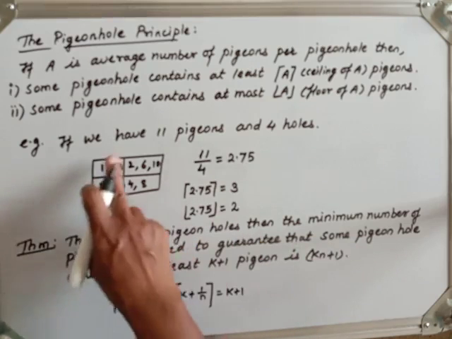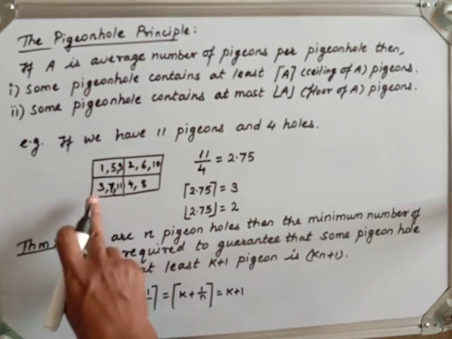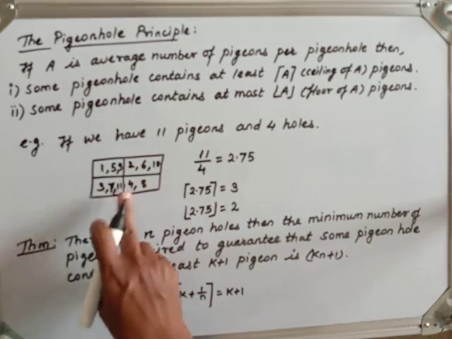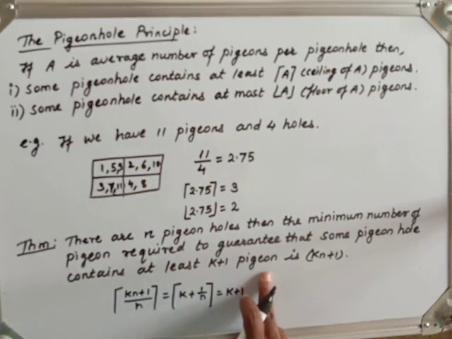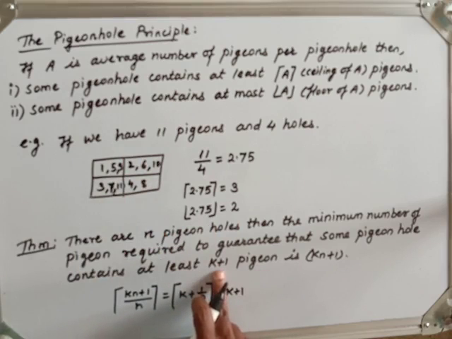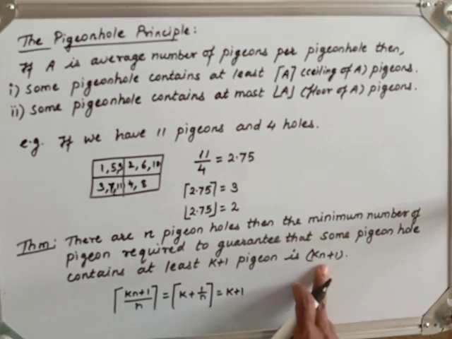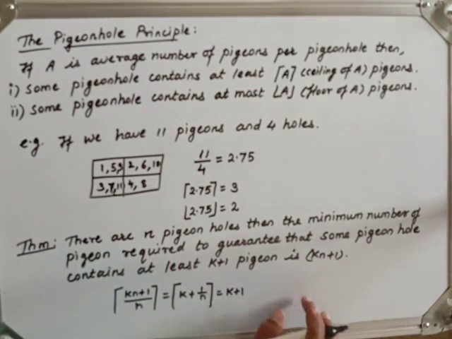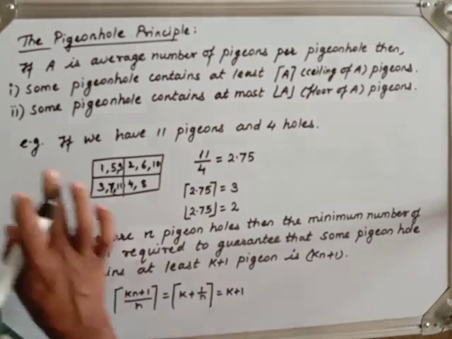Similarly here, 3 pigeons are in 3 boxes and 2 pigeons in 1 box. We use this while solving the examples.